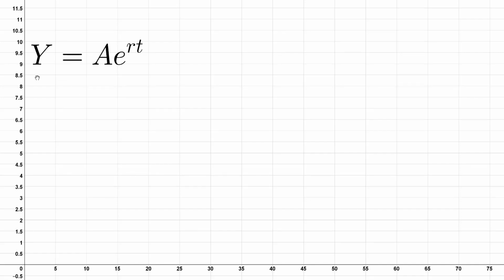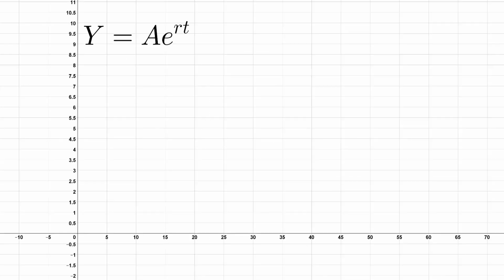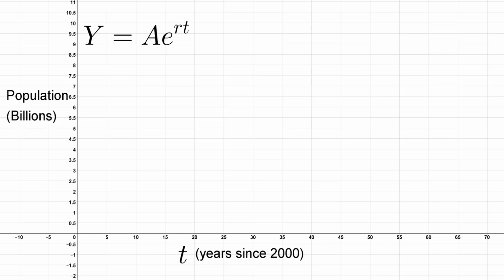So let's have a look at the graph of this situation. We want to create a function of the format y equals a e to the rt, where our input is time, more specifically the years since the year 2000, how many years have passed since the year 2000, and our output is going to be the population in billions. Okay?